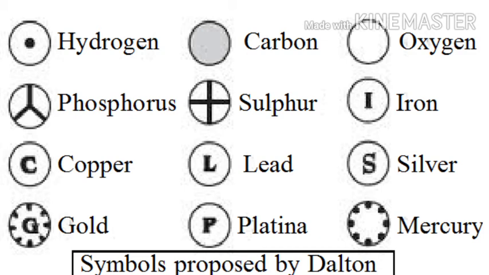Similarly, you can see phosphorus, copper, gold, carbon, sulfur, lead, platina, oxygen, iron, silver, mercury, etc. So students, these symbols suffer from lots of limitations.